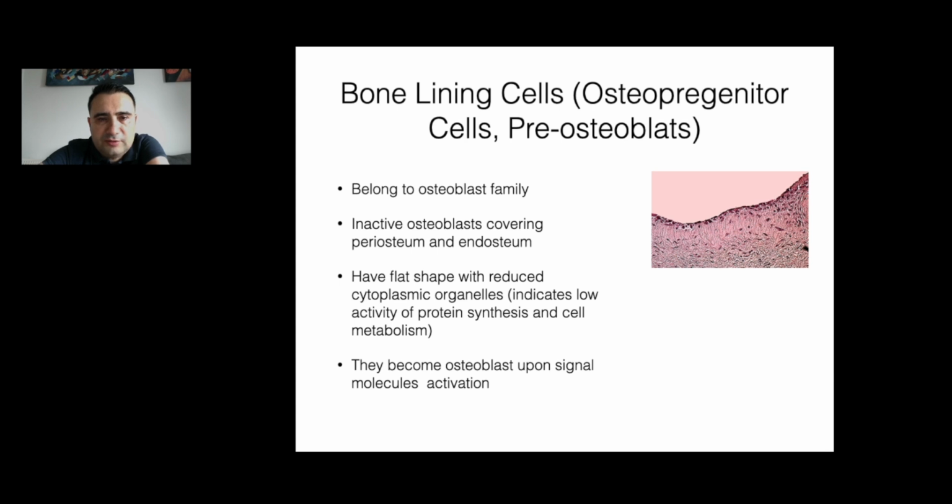Unlike osteoblasts, their shape is flat, and they have reduced cytoplasmic organelles, which indicates low activity of protein synthesis and cell metabolism. So when the bone requires osteoblasts, some signal molecules are activated, and these bone lining cells become osteoblasts.